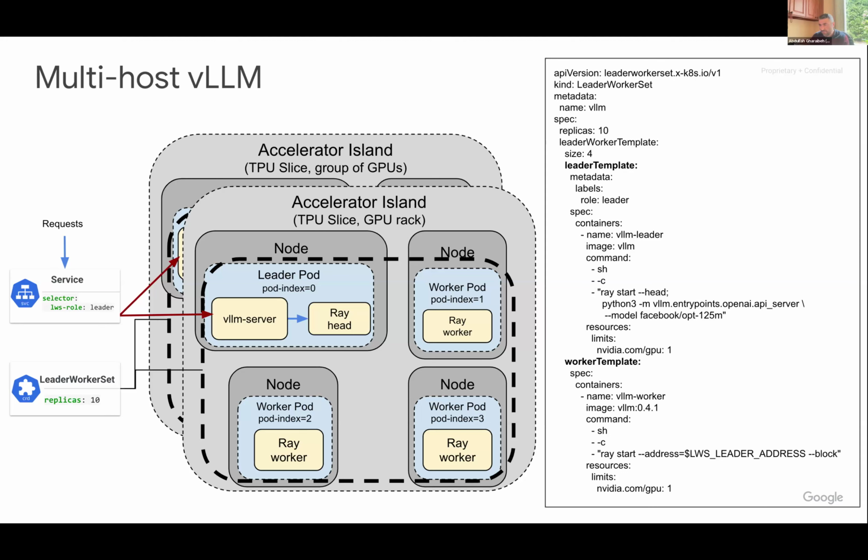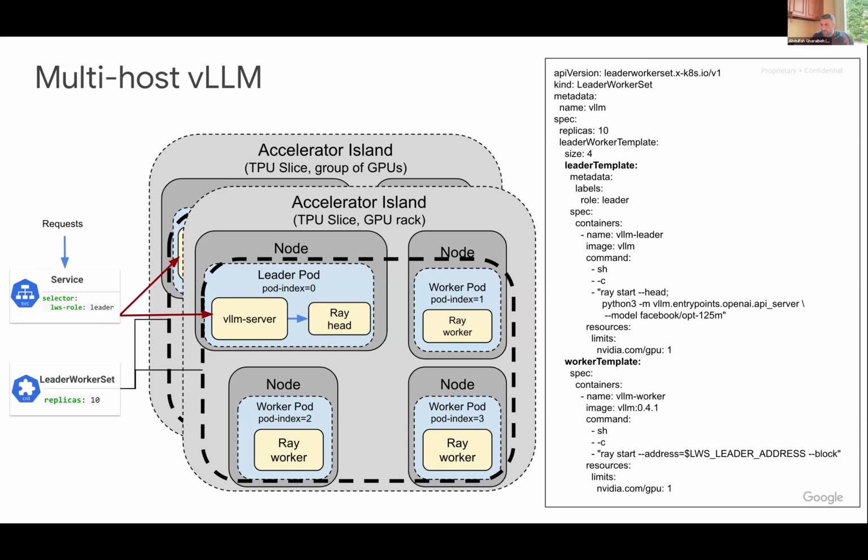I just want to mention that we also have a feature within LWS where you're able to subgroup the group, so that you can represent those prefill and decode cases where each of them is multi-node as well. In this case, you only have 4 here, but you can divide them into 2 subgroups of 2.